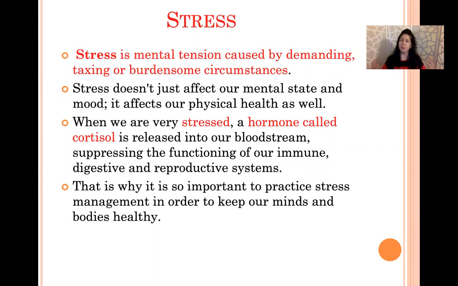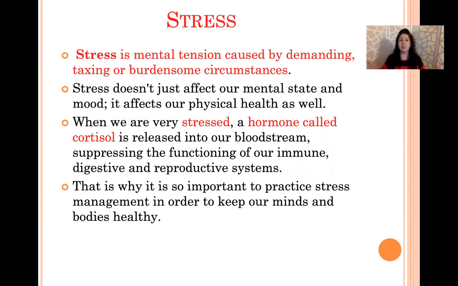So what happens when we're stressed out is the hypothalamus, which is this gland kind of in the back of your brain, releases a hormone. And the hormone is called cortisol. So cortisol is the hormone that is released into our bloodstream when we are stressed out. The more stressed out we are, the more cortisol enters our body.